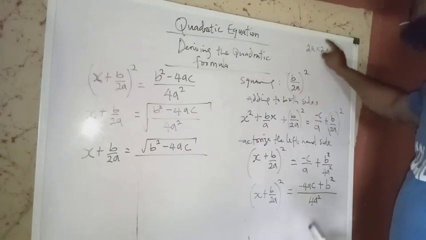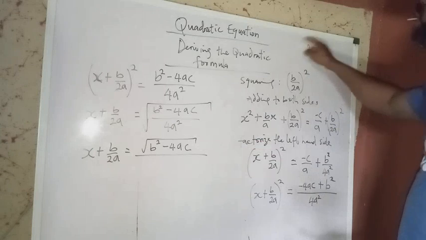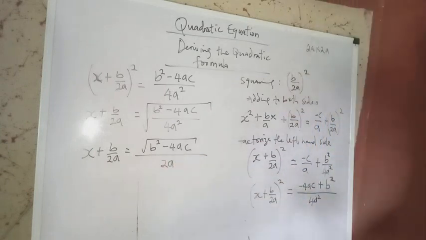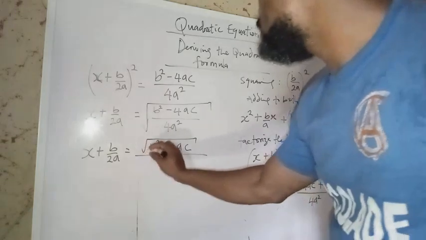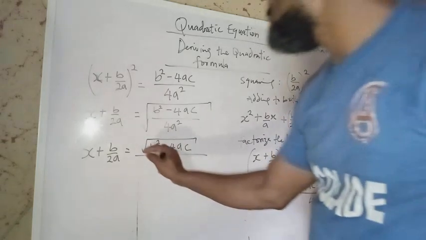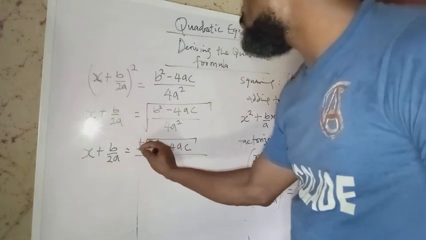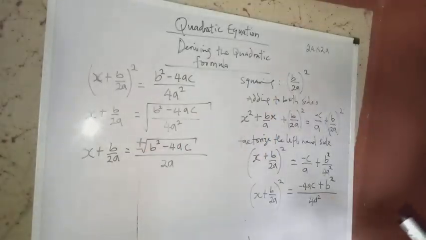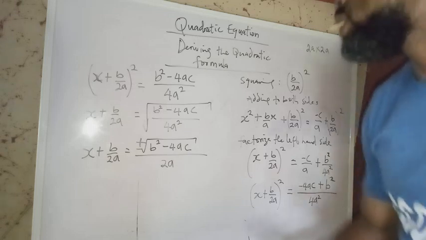So that means that the square root will just be 2a. So we have 2a here. And when we take the square root of a number, it is natural for us to write a plus minus sign, right? Because the square roots can be negative and can be positive, and it will still give us the same result.